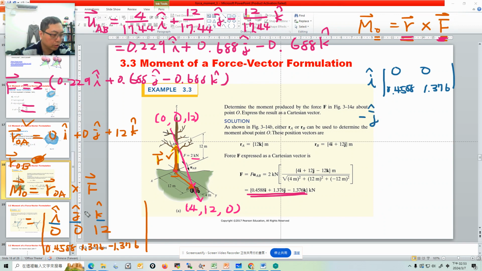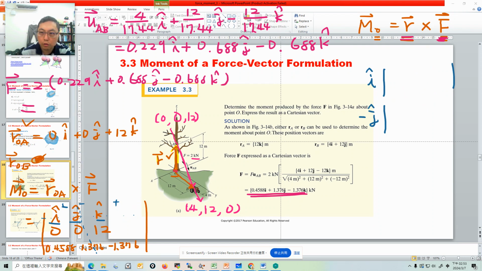Don't forget the plus, minus, plus signs. We block this element, and for i we block these two elements. Sorry, I made a mistake. Let's try again.